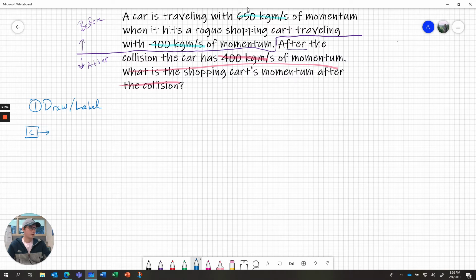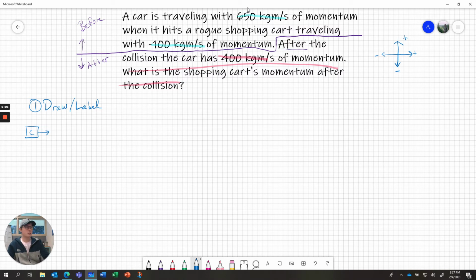If you remember, in physics, positive means to the right or up, and negative means down or to the left. Since cars don't typically go straight up in the air, it's reasonable to assume it's going to the right. So that's where the car gets the right arrow from.